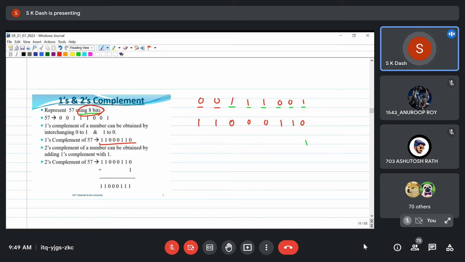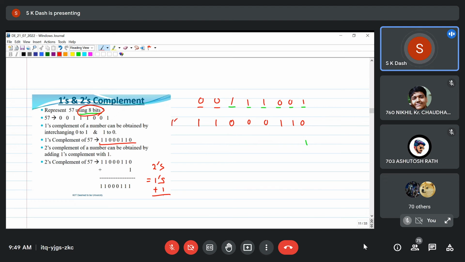So is the ones complement clear, how to find it? Okay. Next is two's complement. How can we find it? To find two's complement, first we need to find the ones complement. Then if you add 1 to it, it will give you the two's complement.